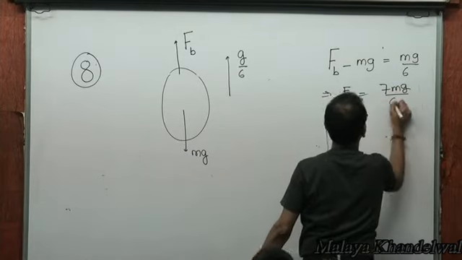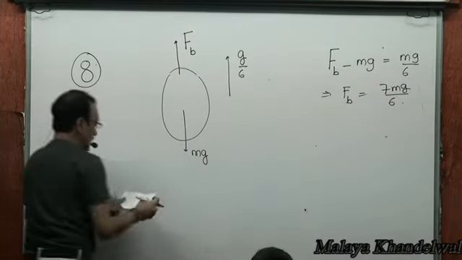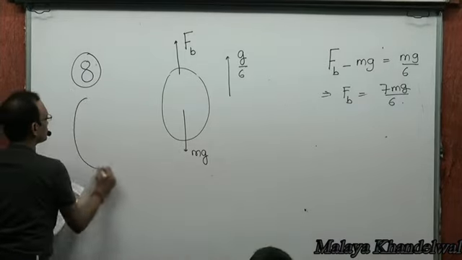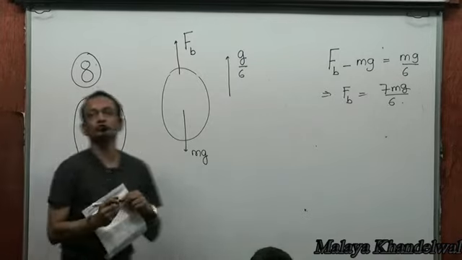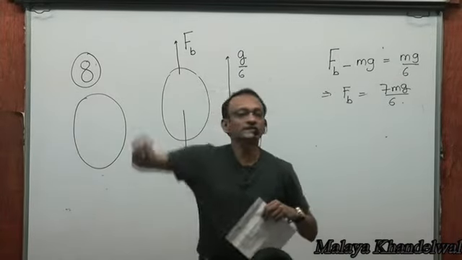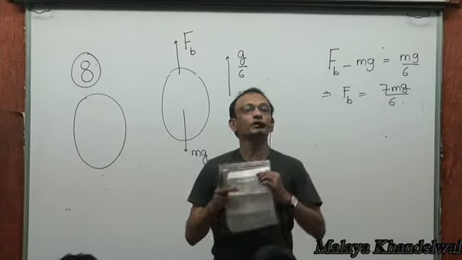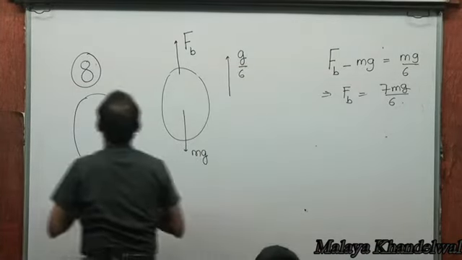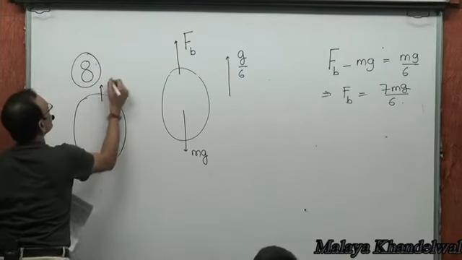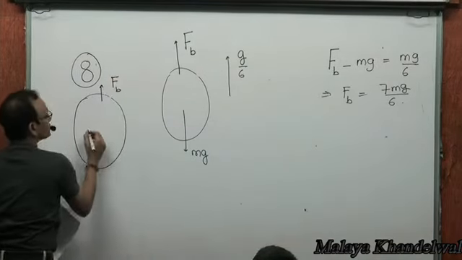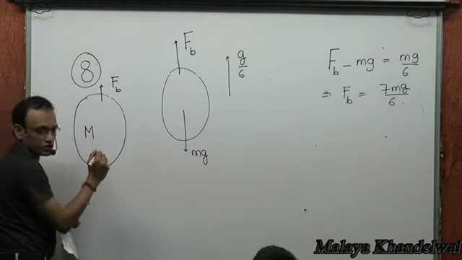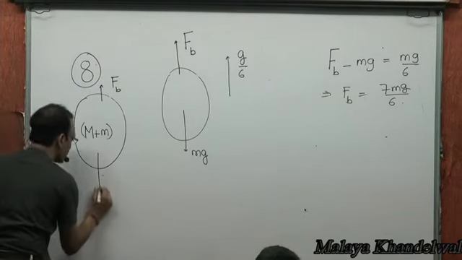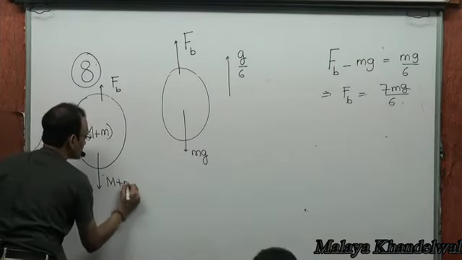Right? Now, next what is done is, there is water which is put inside the balloon. We are assuming that it's not going to affect the volume of the balloon. If it's not going to affect the volume of the balloon, it will experience the same buoyant force, right? So, same buoyant force, and with capital M as the mass of water added inside, plus m, that's the total mass, that's M plus m into g.